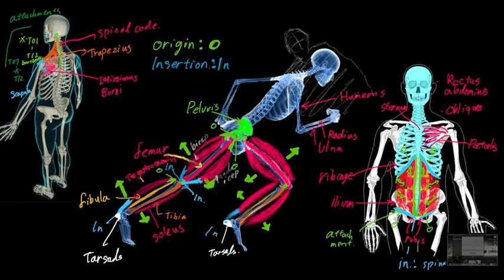And then next, on the back side, we see the spinal cord and the trapezius. The trapezius is attached to the spinal cord, T1 to T12 vertebrae, and then the latissimus dorsi is connected to the T7 to T12 vertebrae, and these are obviously the origin, the spinal cord bone moves.